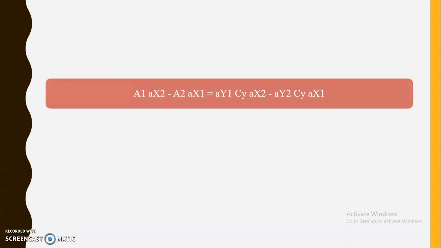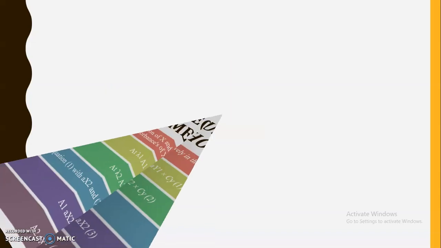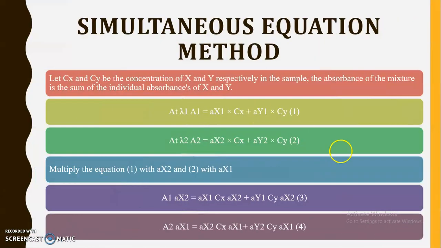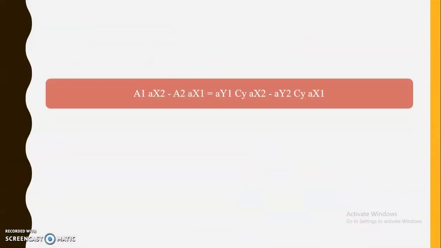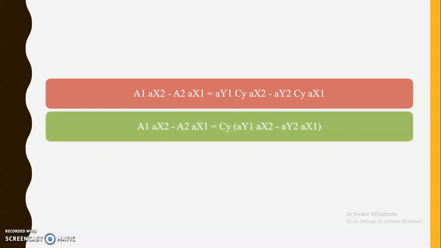Now further, on simplification, by subtracting this particular equation from this equation, we will get A1 Ax2 minus A2 Ax1 is equal to Ay1 Cy Ax2 minus Ay2 Cy Ax1.